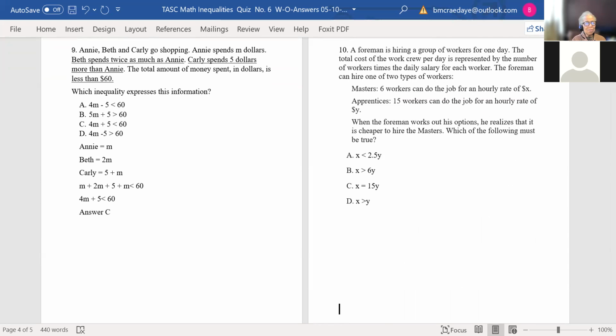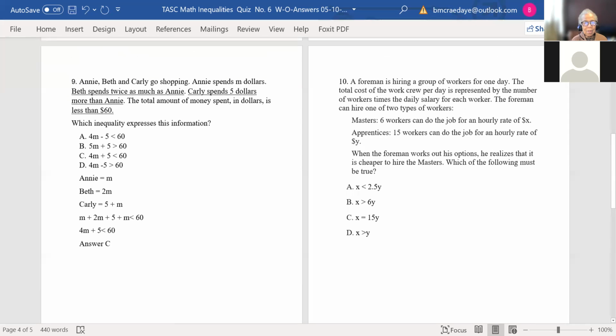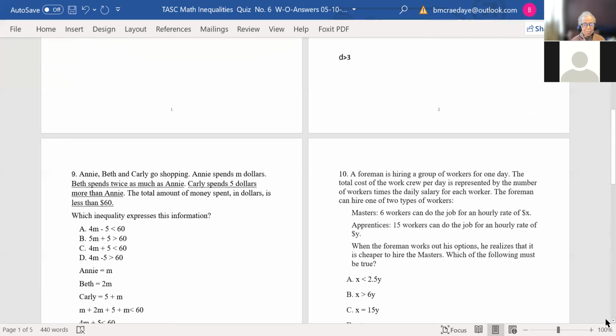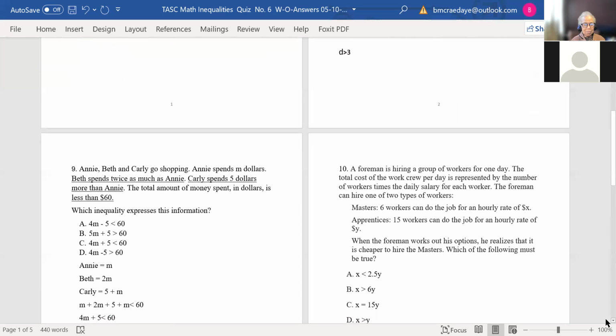A foreman is hiring a group of workers for 1 day. The total cost of the work crew per day is represented by the number of workers times the daily salary of each worker. The foreman can hire one of two types of workers.